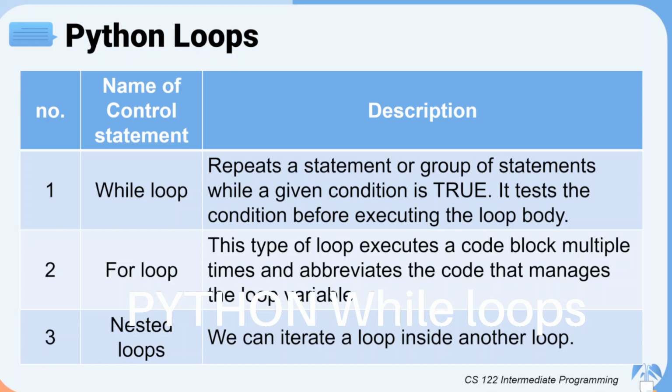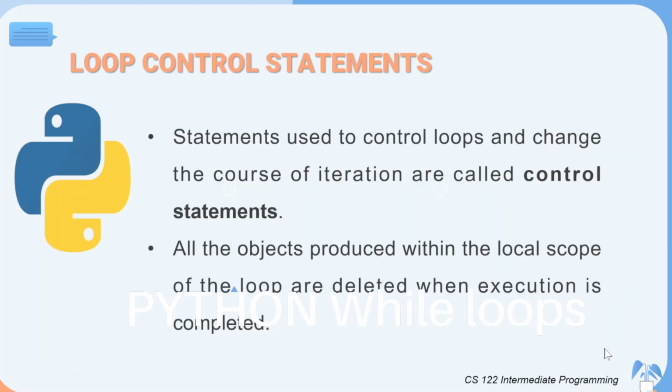And there are also ways you can control the while or the for loop. Then there is a need for you to apply control statements. These control statements are used to control the loops and change the direction or course of iteration. This is what we call control statements.